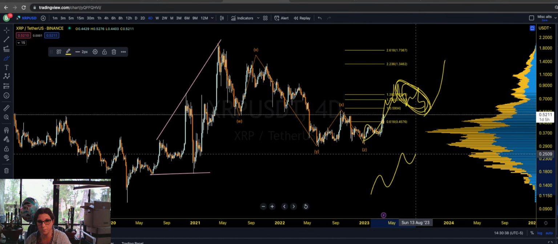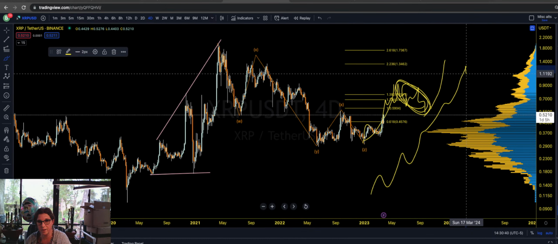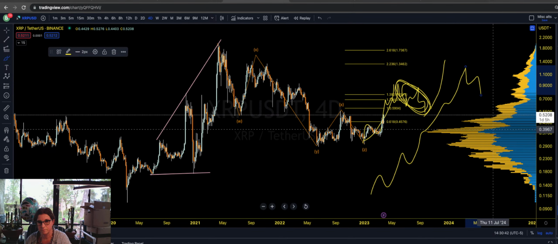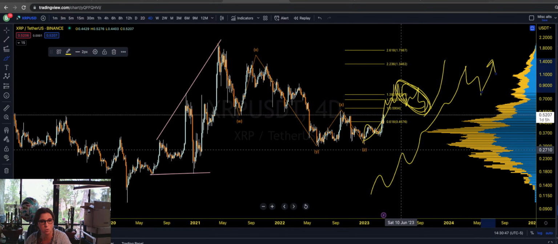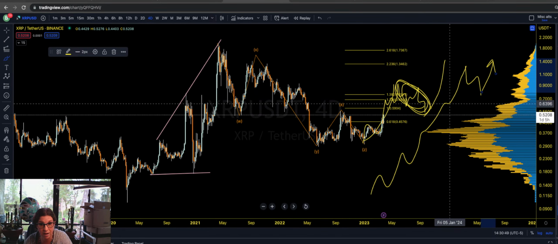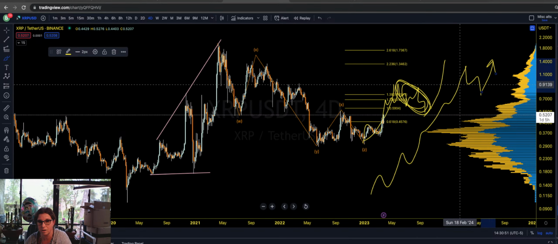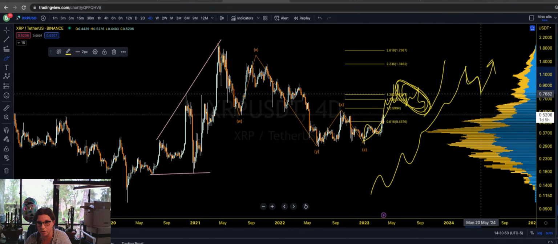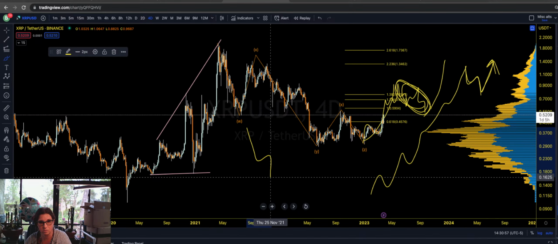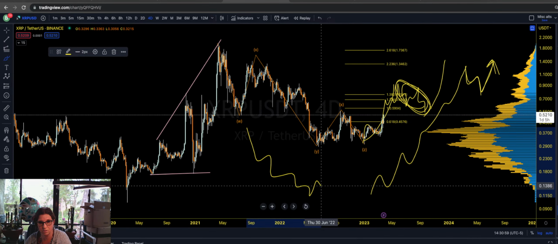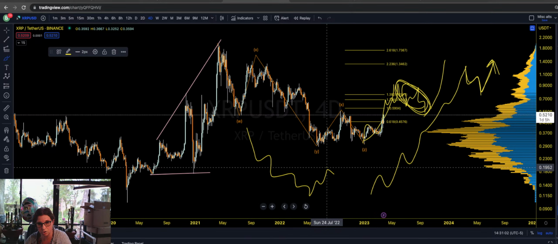When you're moving upwards and you pull back correctively, the market is telling you, I want more upside. It doesn't matter what that count is. It doesn't matter what that structure is. Pulling back correctively, more up. If it's coming down and it pulls back correctively, it's telling you I want more down.